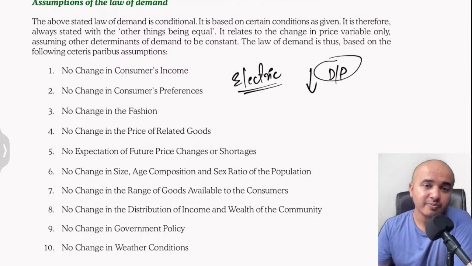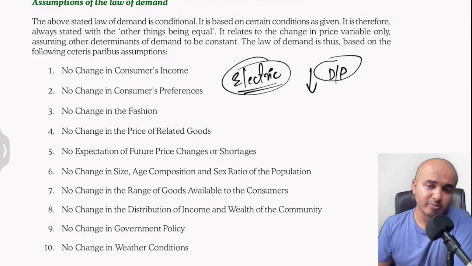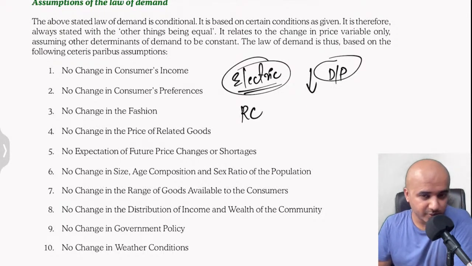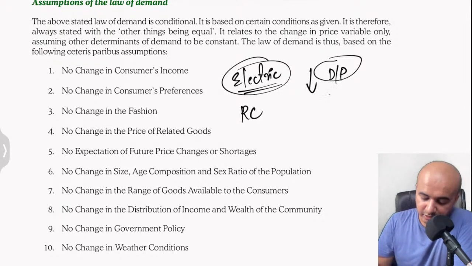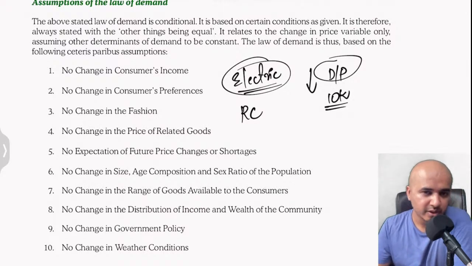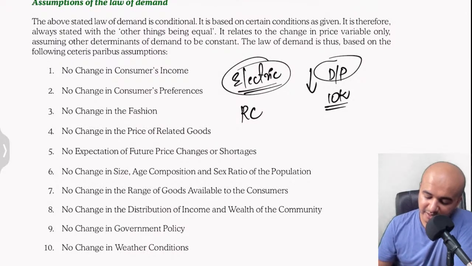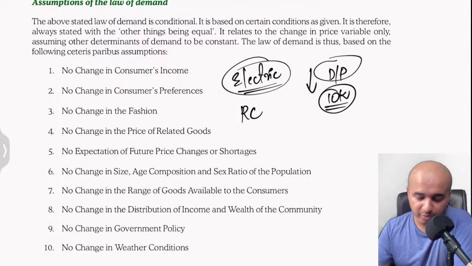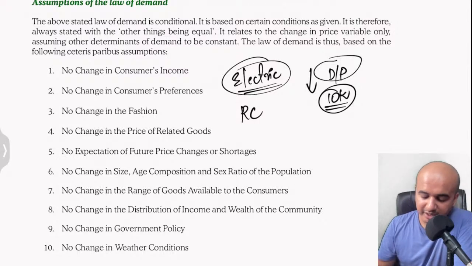Because the government is saying we are giving a registration certificate only for new electric vehicles, or maybe they say for electric vehicles we are not charging anything for the registration certificate, but for diesel or petrol we are charging 10,000 rupees. In such a circumstance, maybe people may back down from purchasing diesel or petrol vehicles, because even though the price of those commodities has come down, there is some additional cost involved.